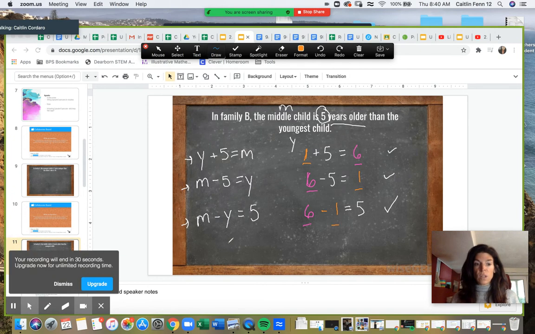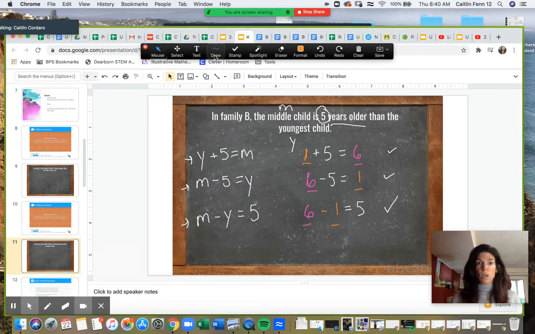So we know that equations are equivalent when they have the same solutions.